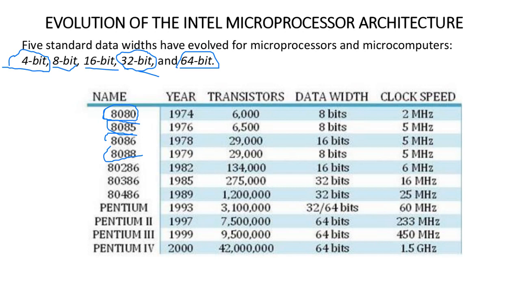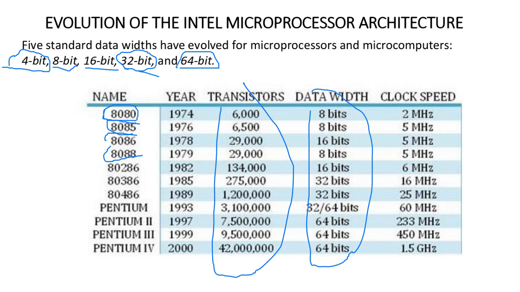It shows in which year each first became available, like 1974, and so on, and how many transistors it uses. Look at here, a huge number of transistors, and the data size also becomes bigger and bigger with time. Pentium 4 uses a 64-bit data size, and speed is also becoming higher and higher.